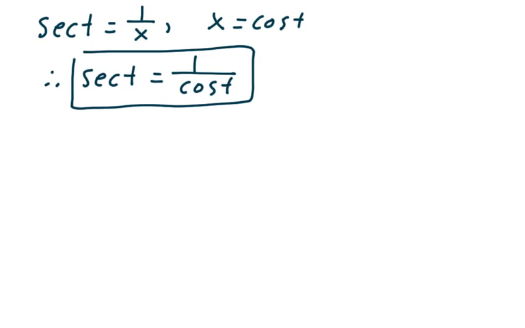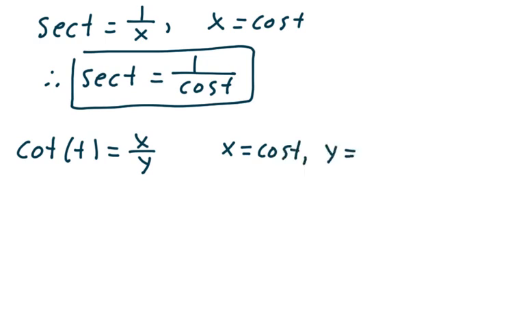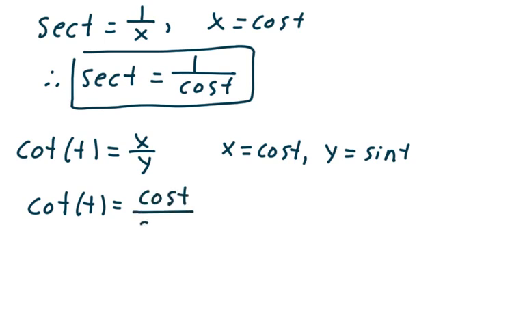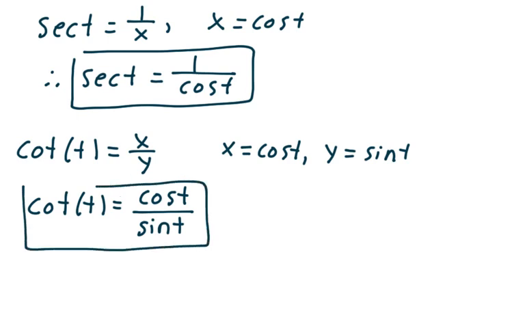And lastly, we get cotangent of t is x over y. But again, remember that x is cosine t and y is sine t. So if I plug those in, I'm going to see that cotangent of t is cosine t divided by sine t. And one more thing I'd like to point out is this.